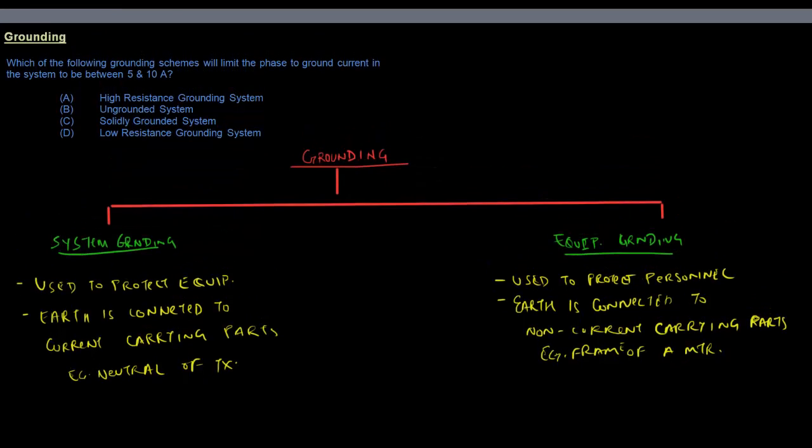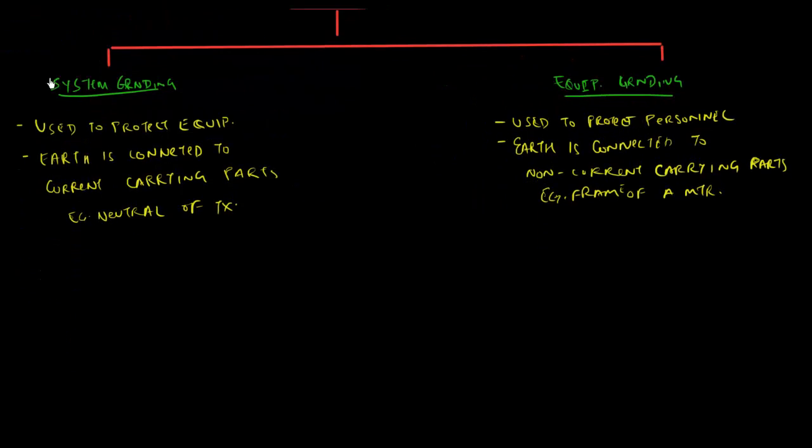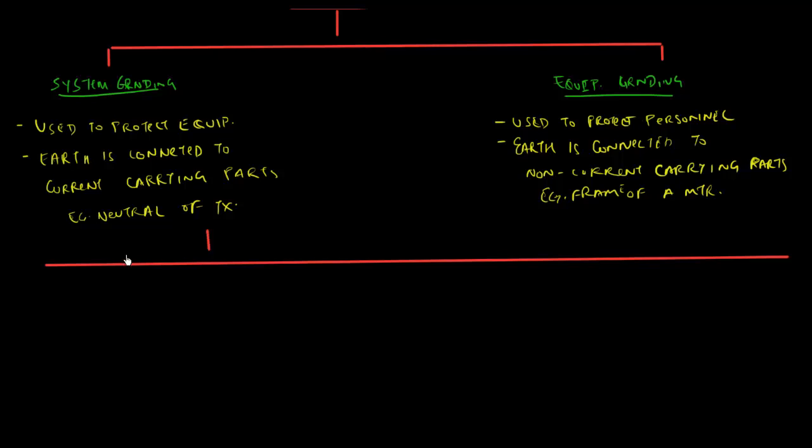Our question for today primarily concerns schemes related to system grounding. So let us further expand this portion of the system grounding. System grounding can be divided primarily into the most common schemes, there are four of them, and I will list them here and then we'll expound upon each of them.